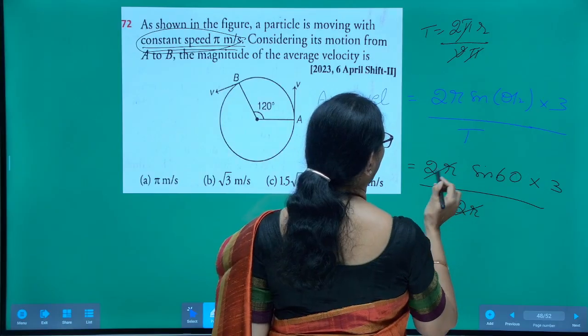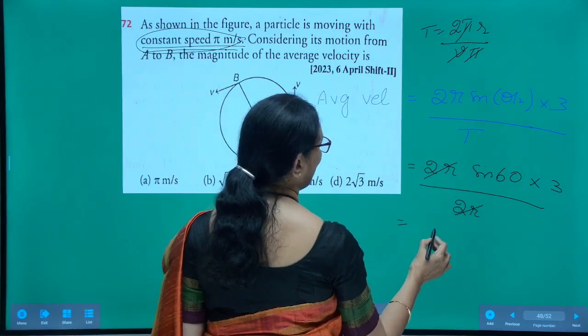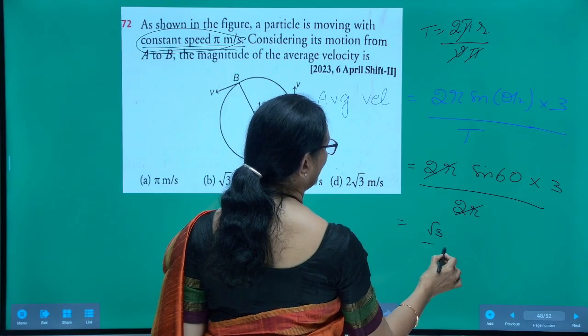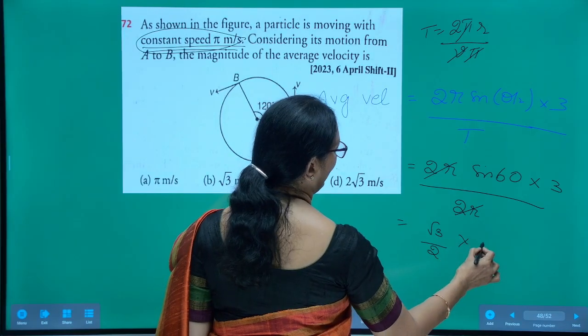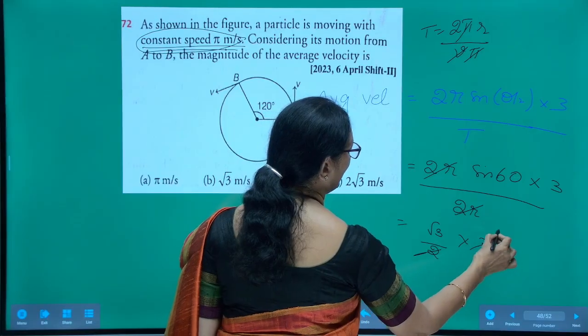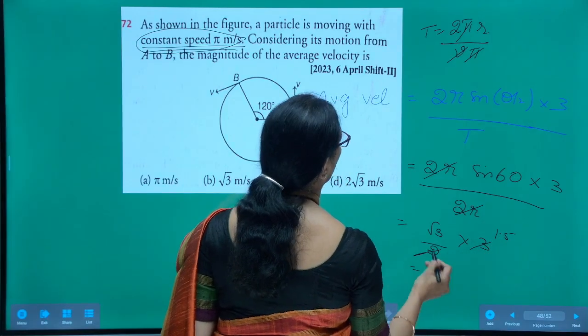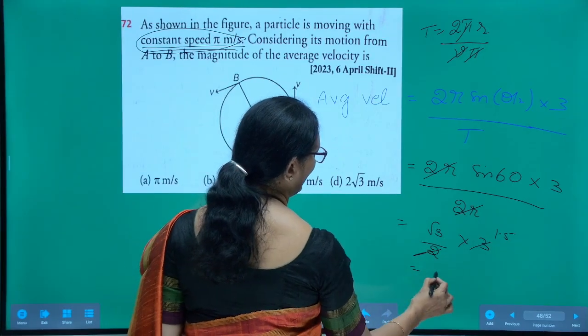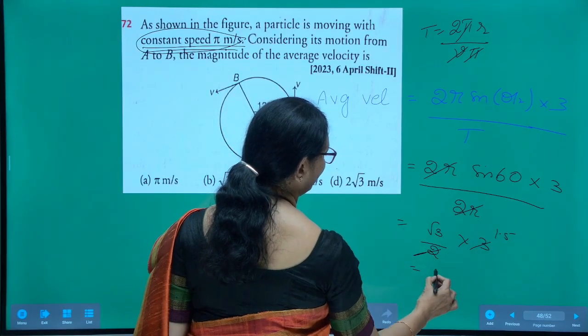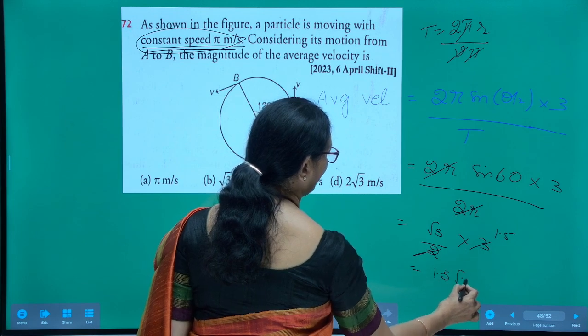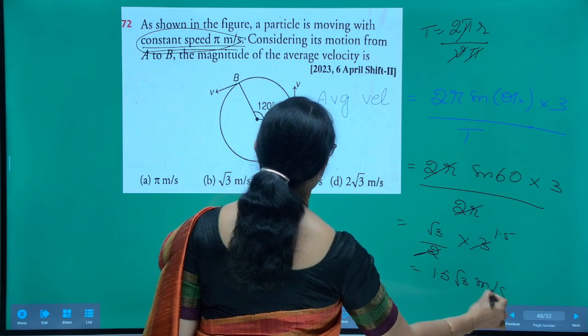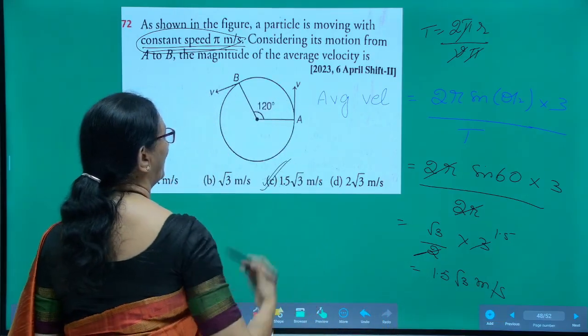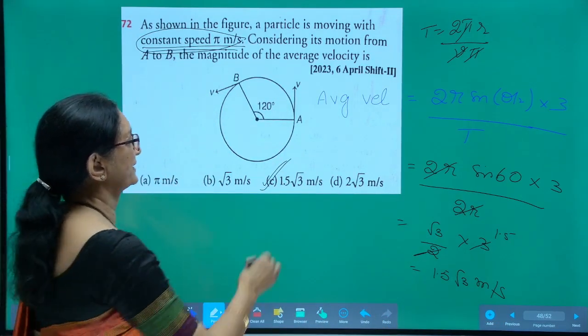So 2r and 2r get cancelled, sin 60 is root 3 by 2 into 3, this is 1.5. So average velocity is 1.5 root 3 meter per second. That is the answer, 1.5 root 3 meter per second.